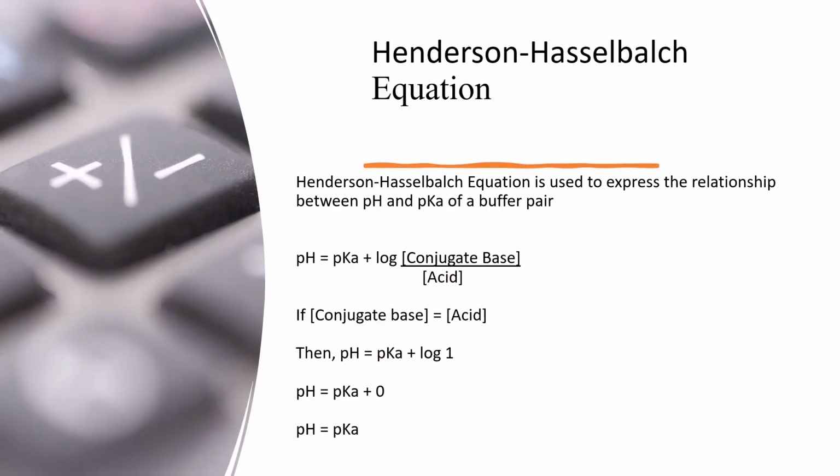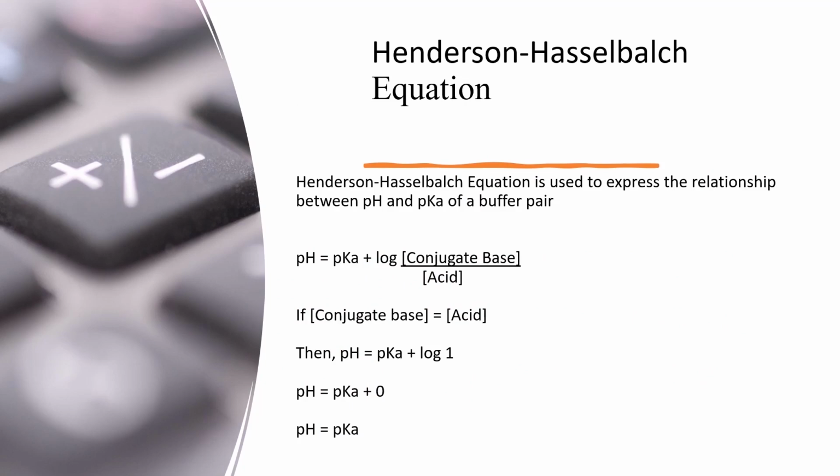Now, I want us to talk about the Henderson-Hasselbalch equation, which is a very popular equation in biochemistry and human chemistry that relates the pH and the pKa with respect to the amount of conjugate base and conjugate acid in the body.